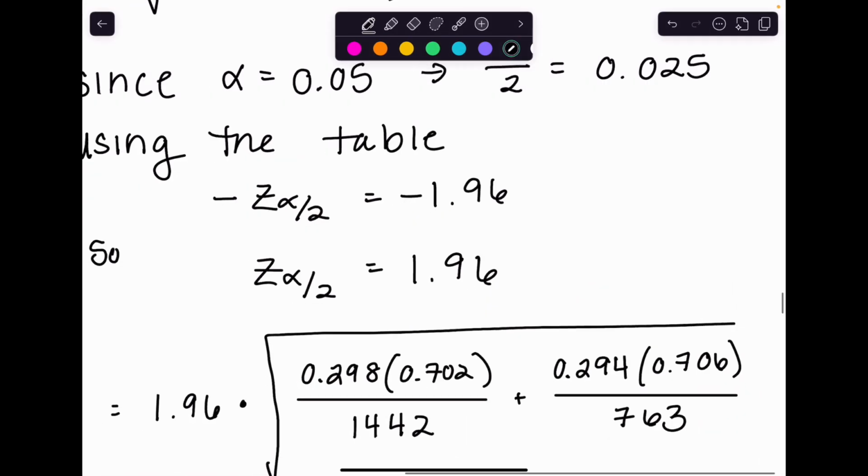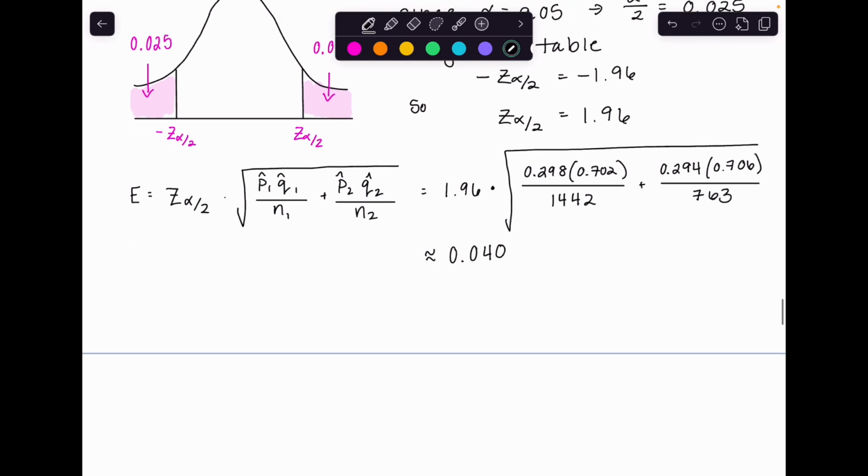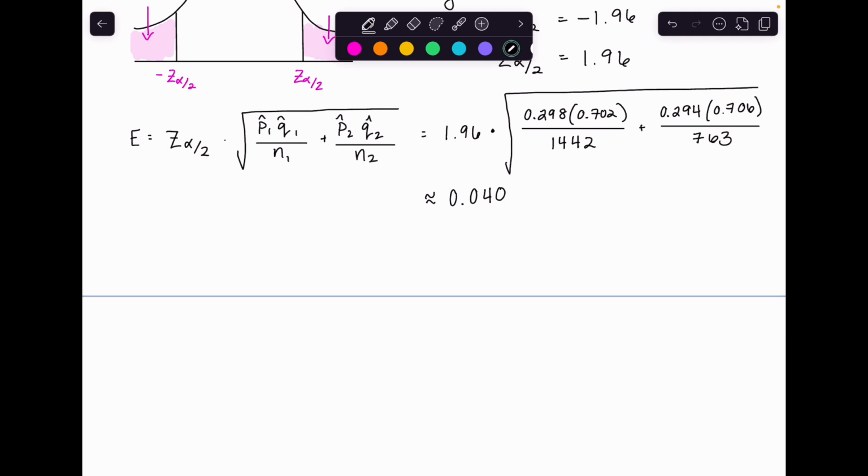So I'm going to add and subtract this to the actual difference to get a 95% confidence interval for the difference in the true proportions. Okay. So we'll go ahead and do that. The 95% confidence interval, you can do it by a single one where you just do P1 hat minus P2 hat plus or minus the error, but I'm just going to go ahead and write the whole thing out.